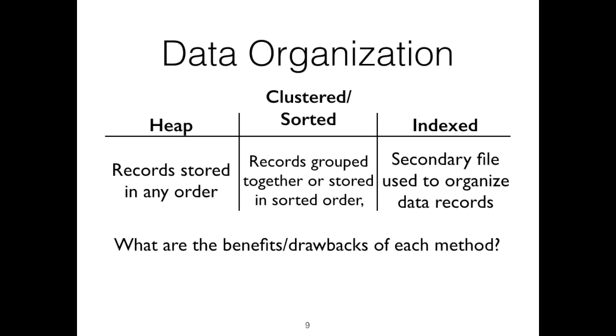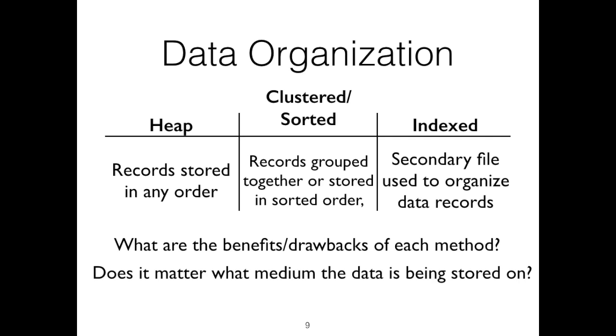And today we're going to talk about the benefits and drawbacks of each method, we're going to talk about how these different methods interact with the lower levels of the memory hierarchy that they can be put on, and I'm going to try and give you a little bit of intuition about when each of these methods should be used.